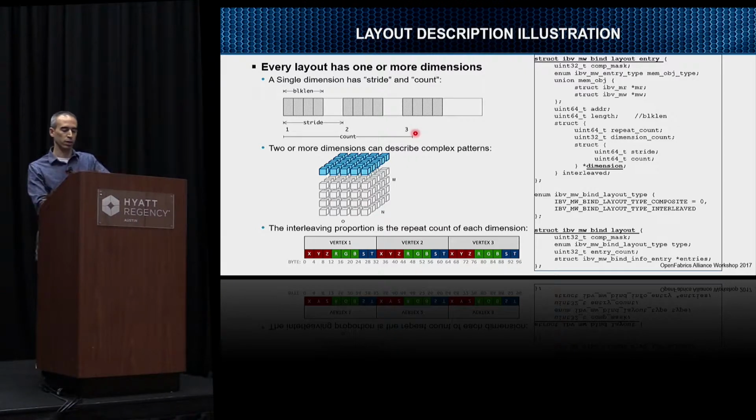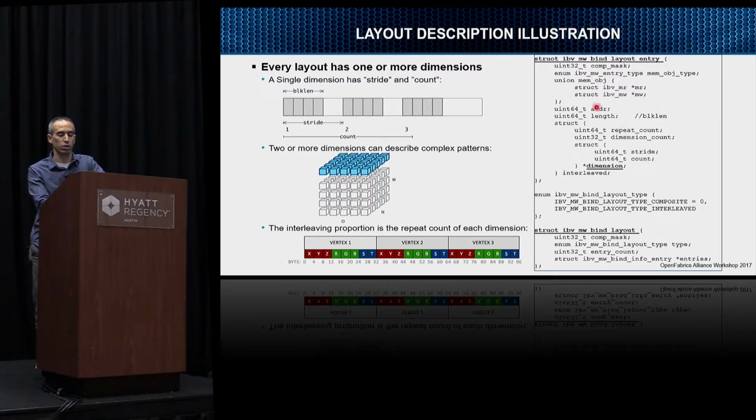So through using the bind layout entry, we will mention that the address, the offset for the first object, would be 0, for example, saying the first object resides in the main key at offset 0. The length would be the block length, the 4 bytes. And the stride would be 6, because that object is in that location in gaps of 6 bytes, and the count would be 3.